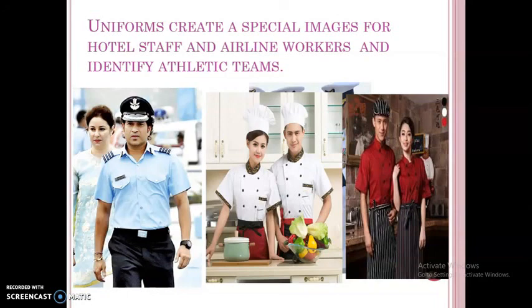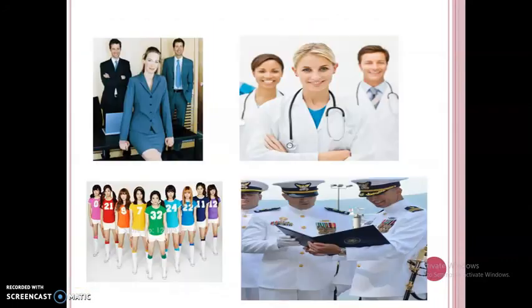For example, the cricket teams of the world have different kinds of dresses. With the color coding, you will identify that this particular team is from India or this is from Australia, and so on. These are some more images which make you identify the kind of occupation these people belong to because of their clothing.